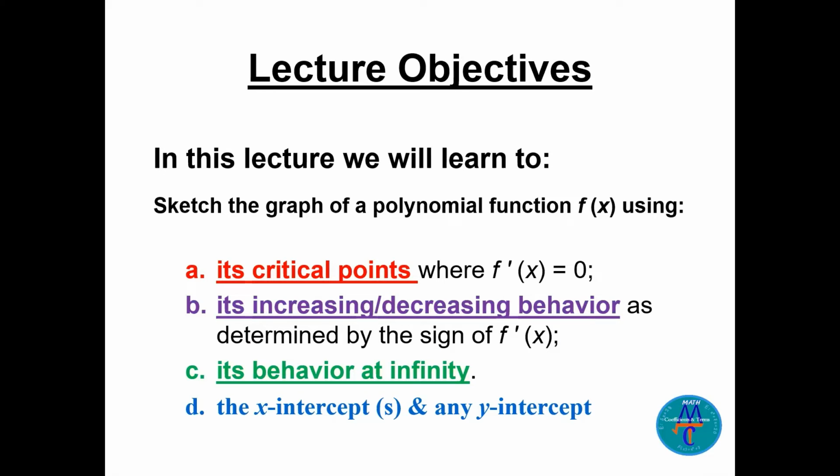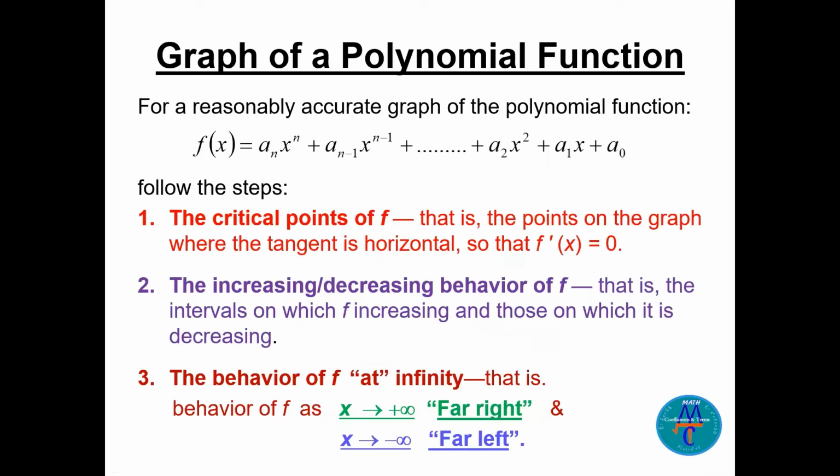We look at the increasing and decreasing behavior. We will look at the behavior at infinity, which we call far right and far left, what will happen to the graph. Also, we will find the x-intercept and any y-intercept of the function.